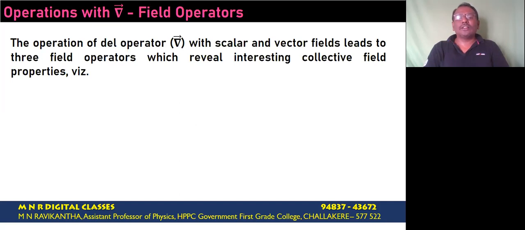In order to understand the properties of different types of fields, that is, scalar, electric field, magnetic field, gravitational field or temperature field, you can use the del operator. When the del operator operates on either a scalar or a vector field, it results in three field operators. Now let us understand these three field operators.